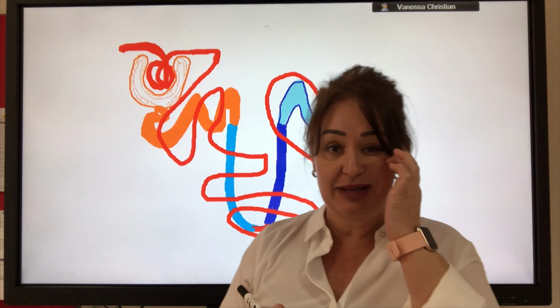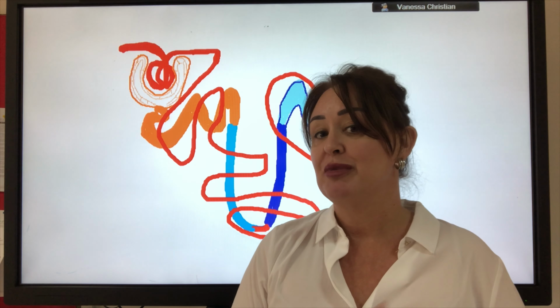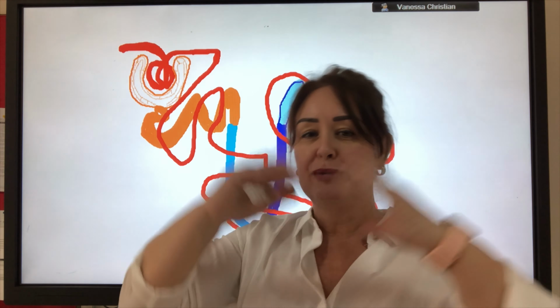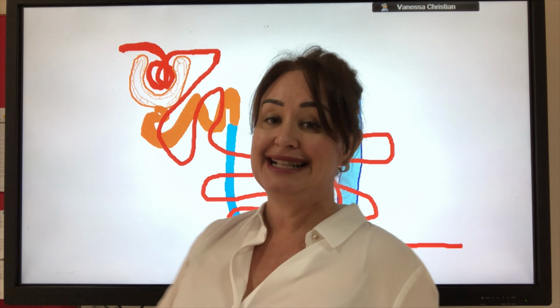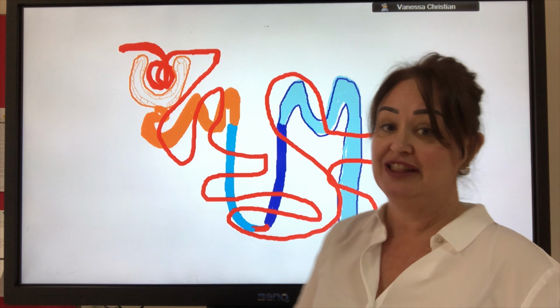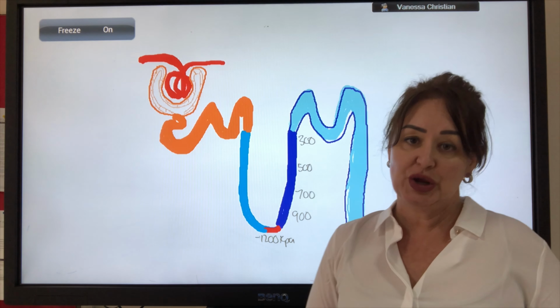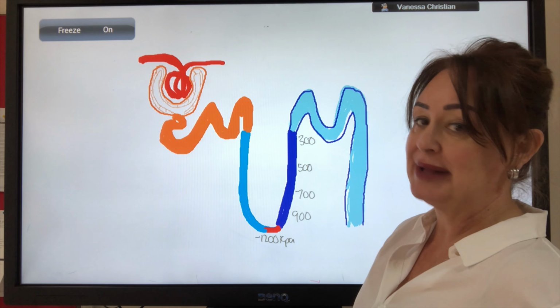So in an exam situation, we can't say it helps to raise the water potential of the blood, because that would be wrong. We're talking about the blood as a whole. All we're saying is that it helps to restore the water potential of the blood in that capillary that's travelling through the kidney. So let's go back to this diagram here.